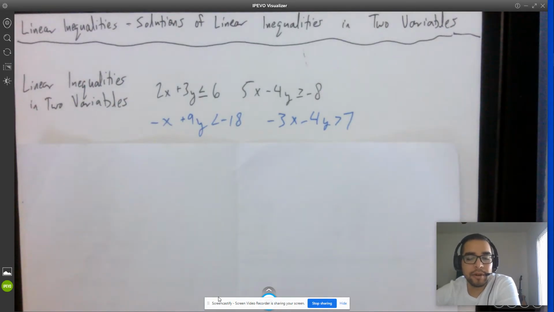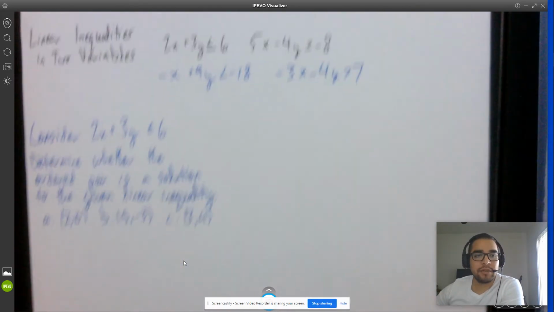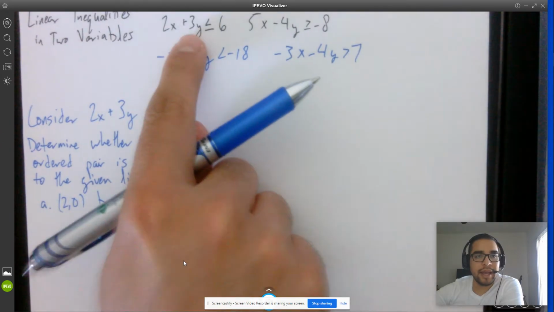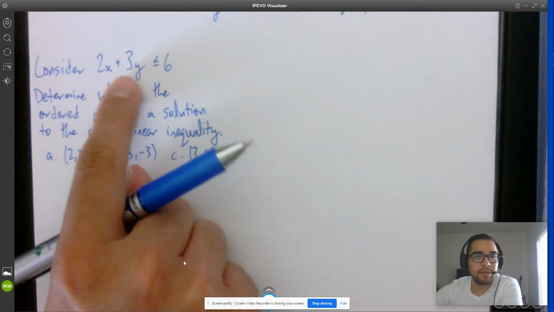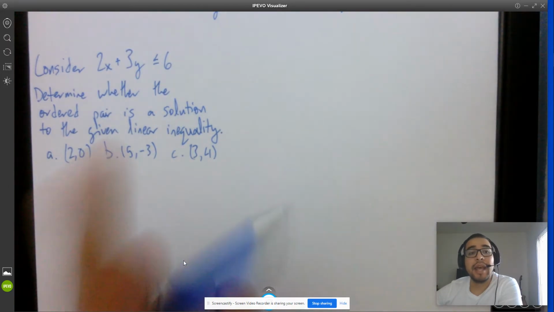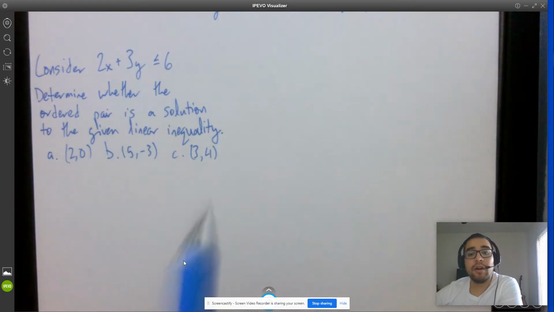Now we're going to go ahead and check to see whether we have some solutions. We're going to take a look at that first one, 2x plus 3y is less than or equal to 6, and I want to check to see if each of these ordered pairs are solutions.